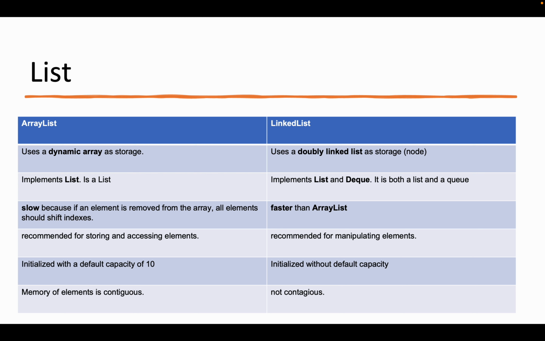Then an array list is slow because if an element has to be removed from the array, it means all the elements have to shift, their indexes have to shift. So that makes it a bit slower. But with a linked list, if you remove one element, you don't need to shift anything.